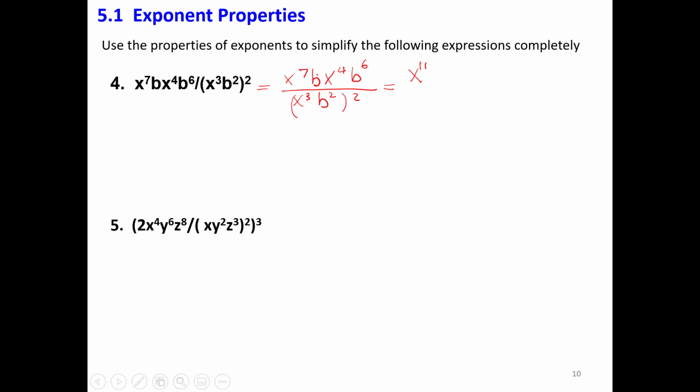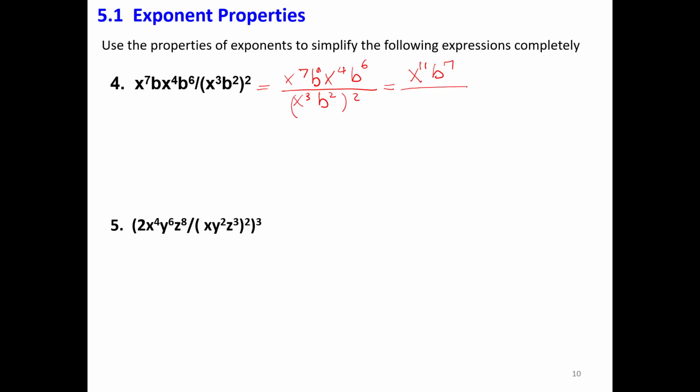Now we have b to the first power, as we know it's to the first. Then 1 plus 6 is 7, and b to the 7th power.